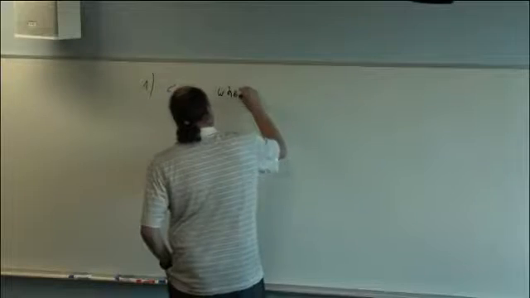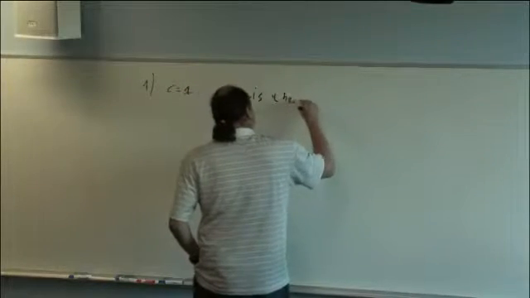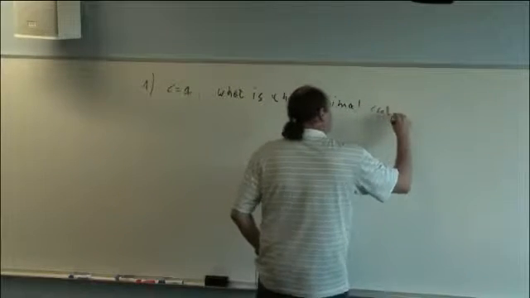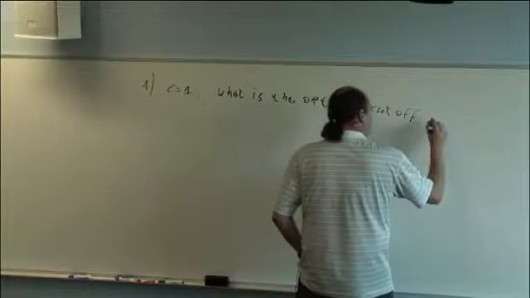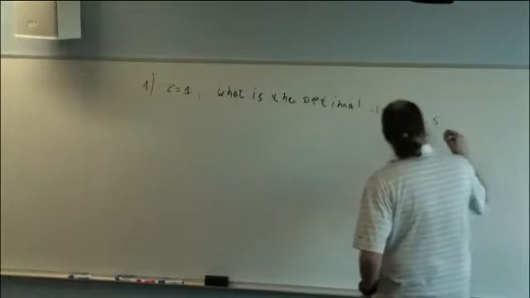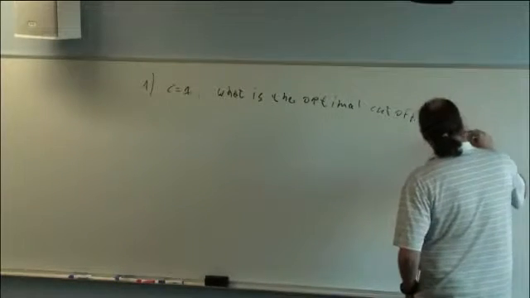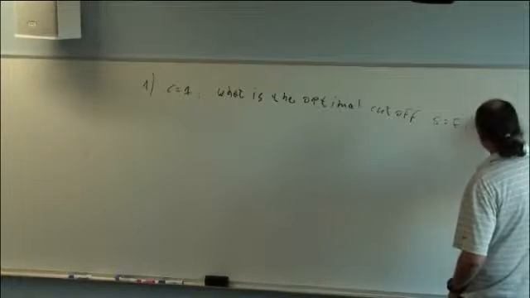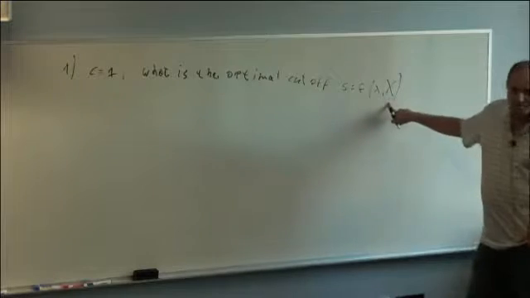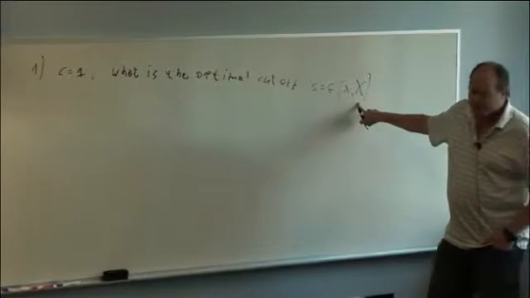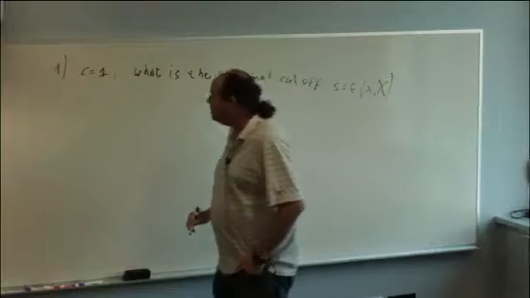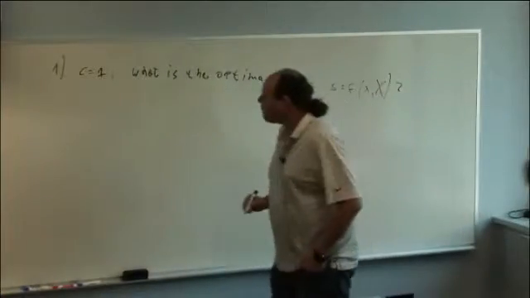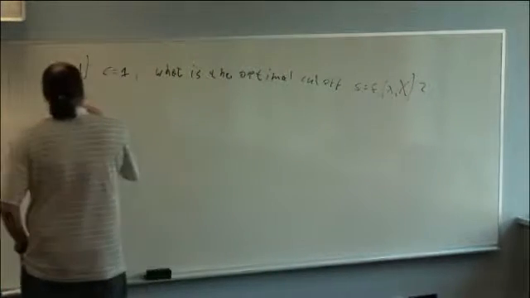What is the optimal cutoff S? And this could in principle be a function of the arrival rate and also, definitely, of the job size distribution. Okay? So that's question number 1.